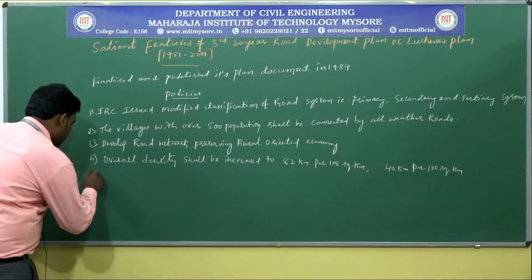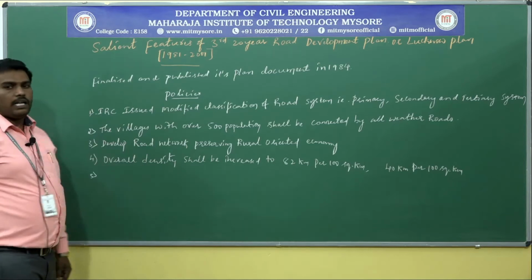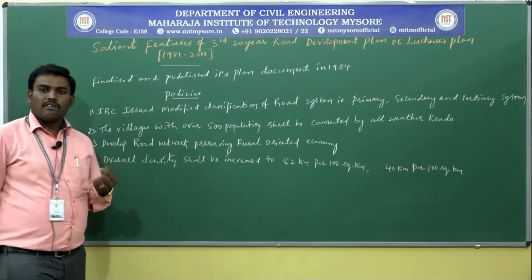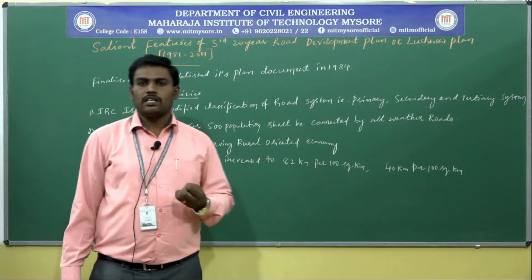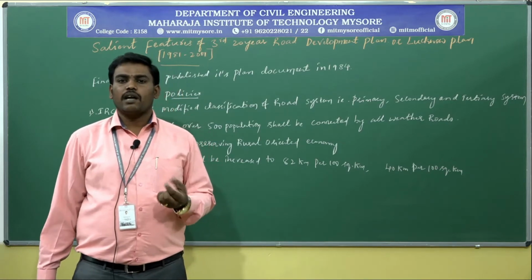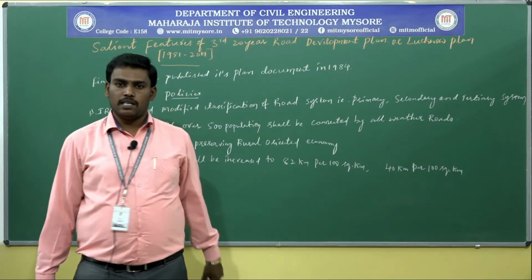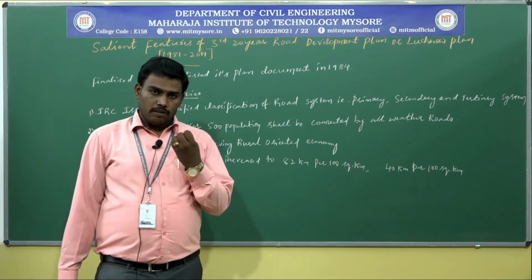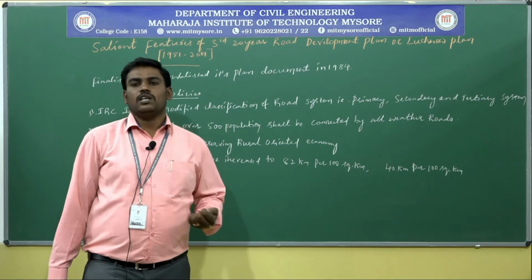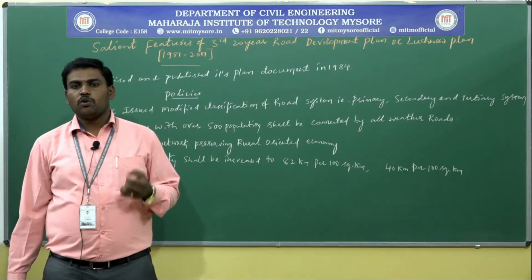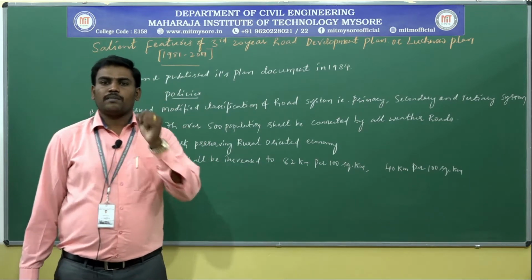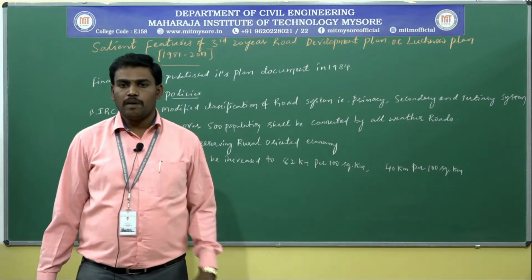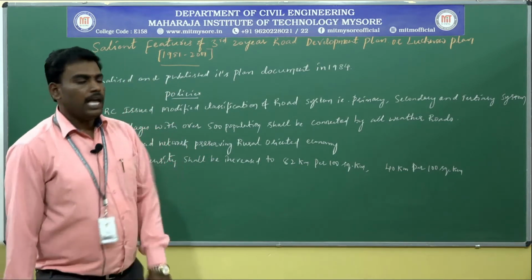And the next one: the national highway network should be so developed that it should form a square grid of 100 kilometer sides. If that is the case, no part of the country would be more than 50 kilometer away from the NH.